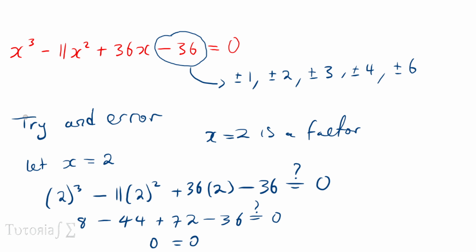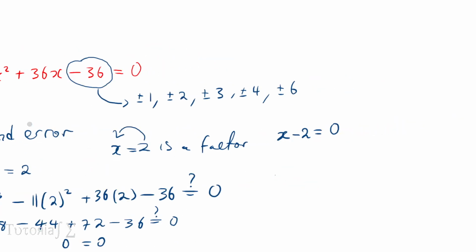Now what you do with the factor is transpose the number to the x part. When we transpose the positive 2, we get x minus 2 equals 0. Then from here we'll use long division.